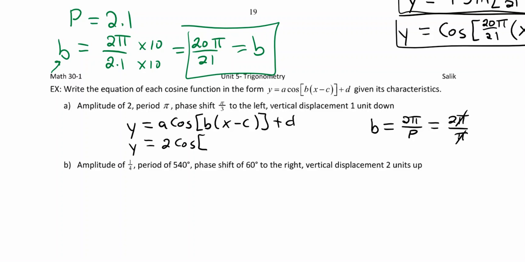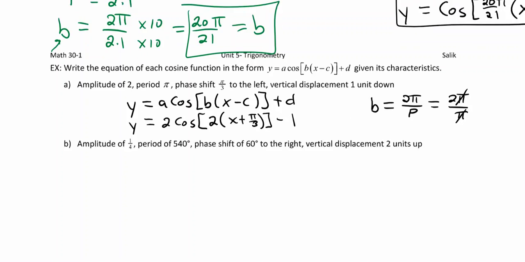Then the pi's cancel, so our b value is just 2. And then x, and it says we have a phase shift of pi over 3 to the left. So that's opposite, so that's going to be plus pi over 3. And then a vertical displacement of 1 unit down, so minus 1. There you go. There is our equation.